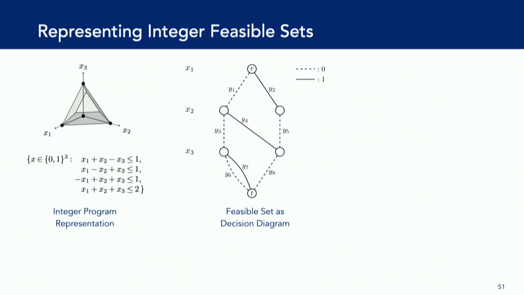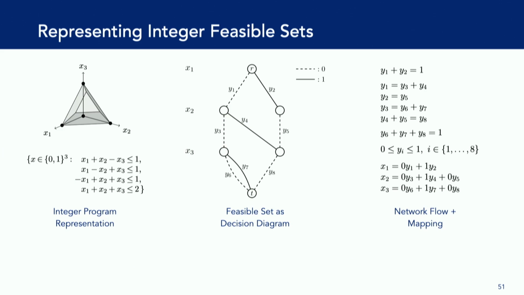Okay. What's the connection here? Now the y variables come into play. The key to integrating decision diagrams in integer programming is to build a network flow formulation over the diagram. And you know that the shortest path is also a network flow of flow value 1, and that's how we will encode this.